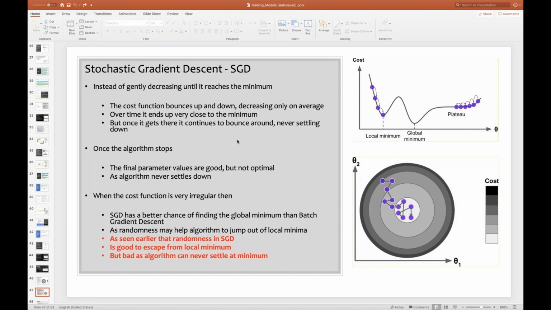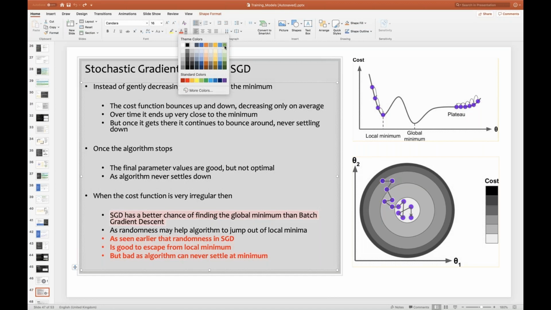Do not worry. Stochastic gradient descent has a better chance of finding the global minimum than batch gradient descent. This is the beauty of SGD. If someone asks you why we are choosing SGD when the data is very small, when data is coming in the form of a batch, just tell them SGD has a better chance of finding the global minimum than batch gradient descent.